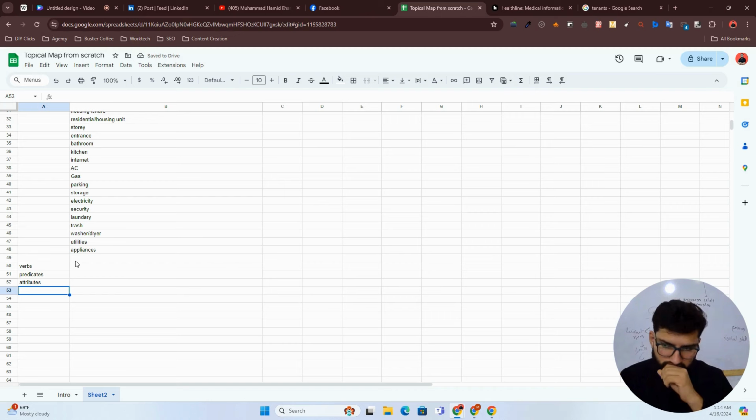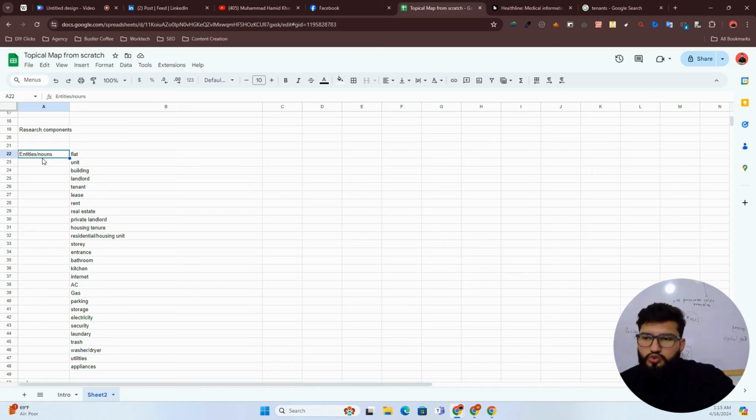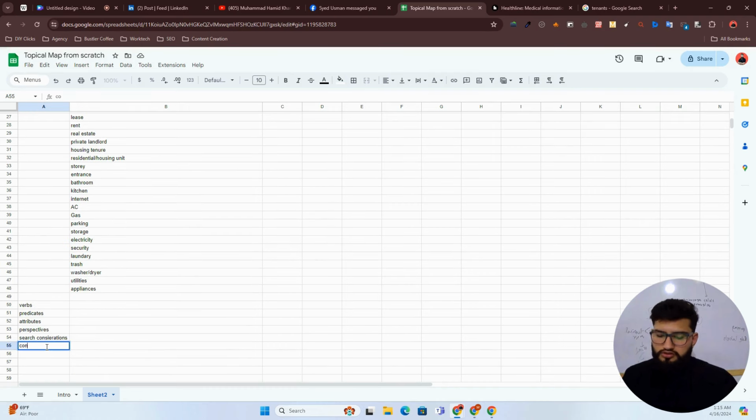If you can also maybe write some perspectives, some search considerations. Also some attributes, verbs, predicates, nouns. Maybe you can also write some context terms, or you can say some contexts, simple words.